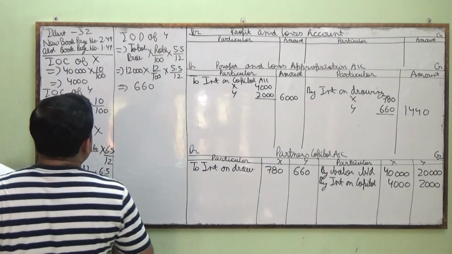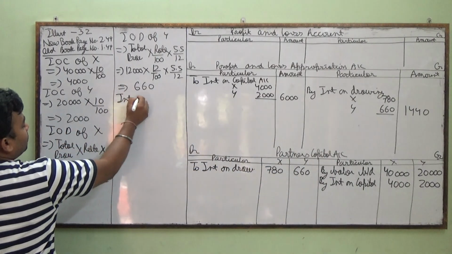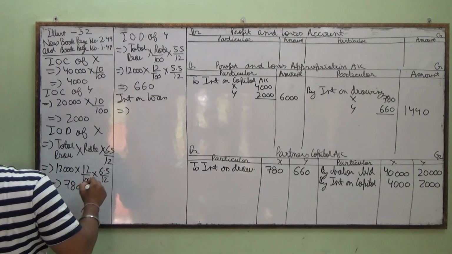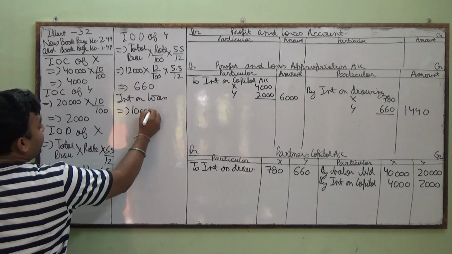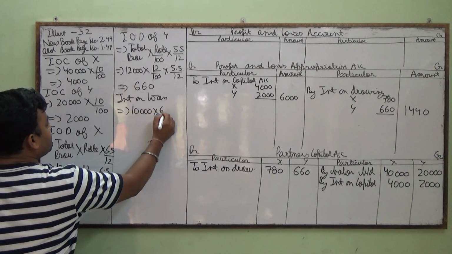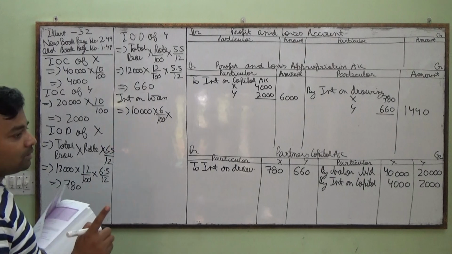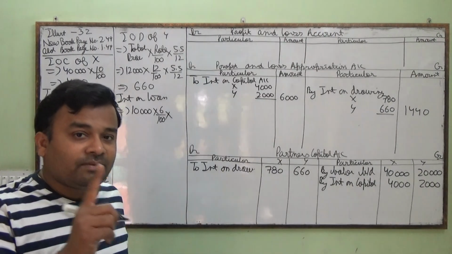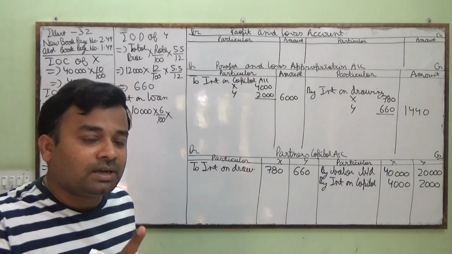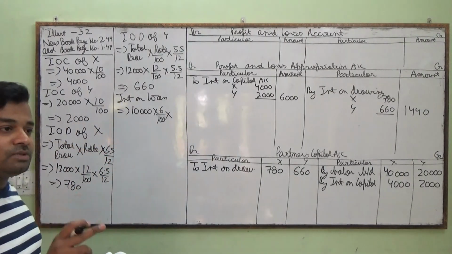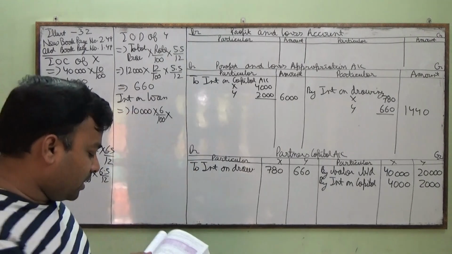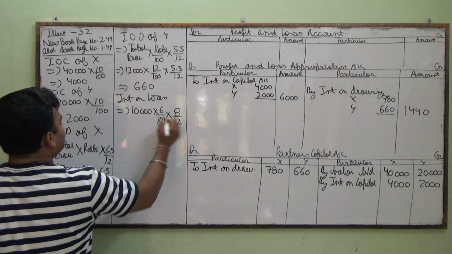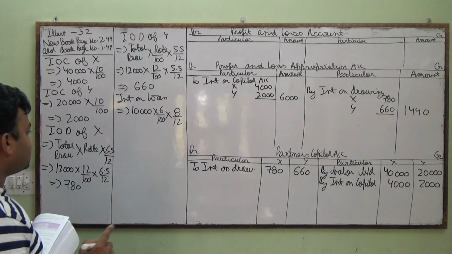So first we calculate interest on loan. Loan amount is 10,000. In case of silence, rate of interest is 6% per annum. But interest is not given for the whole 12 months because the loan was given by the partner on 1st August, so interest will be given from 1st August to 31st March, which is 8 months.